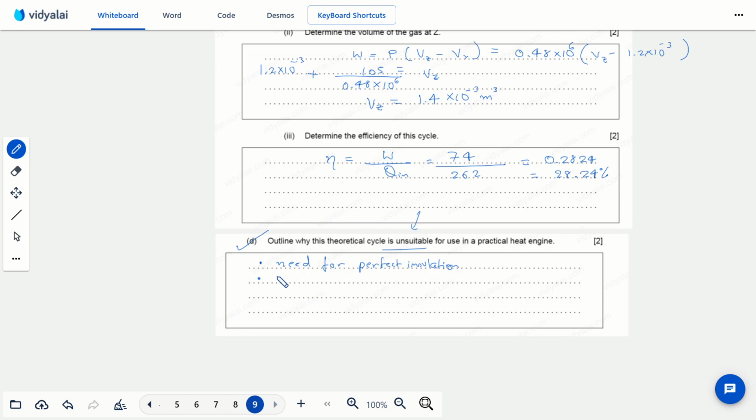And since there is also an isothermal process, the compression needs to be super slow, otherwise it could generate some heat inside of it, and that can increase or decrease the temperature. But of course, if it's compression, then it's going to increase the temperature. So isothermal process requires the process to be slow. Okay, so it's not that practical as we see.